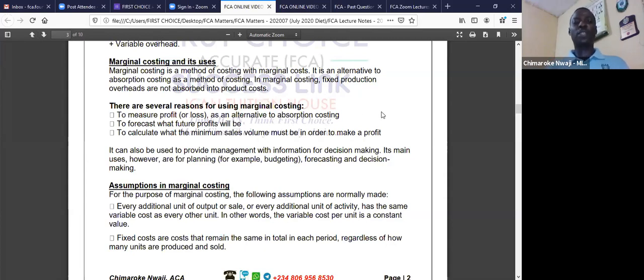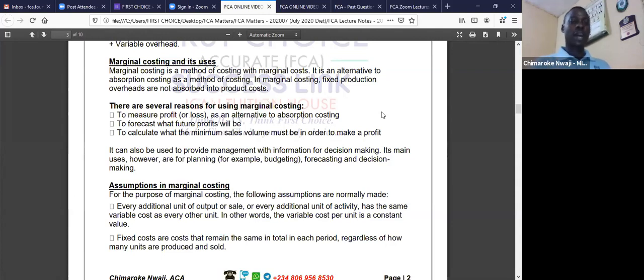One of them is to measure profit or loss as an alternative to absorption costing. We will be looking at how to measure profit and loss using marginal costing and using absorption costing so that we can see how these two are alternatives.